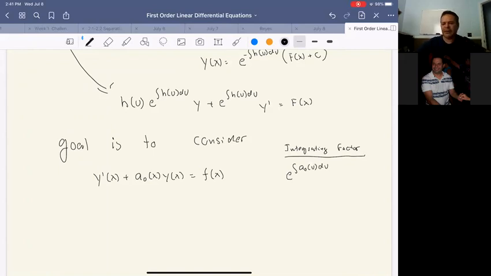This is going to be a function. We're going to multiply the whole thing by that.